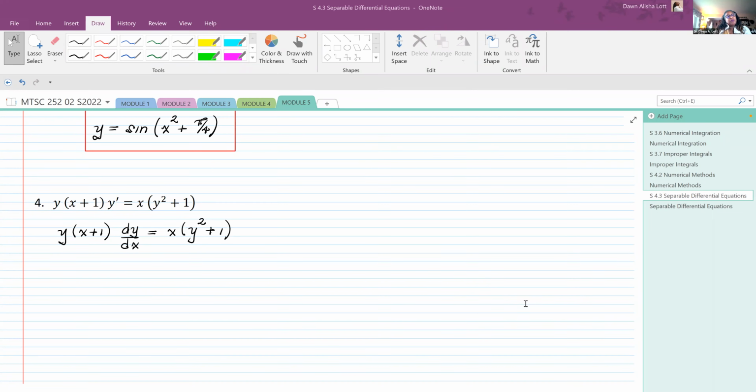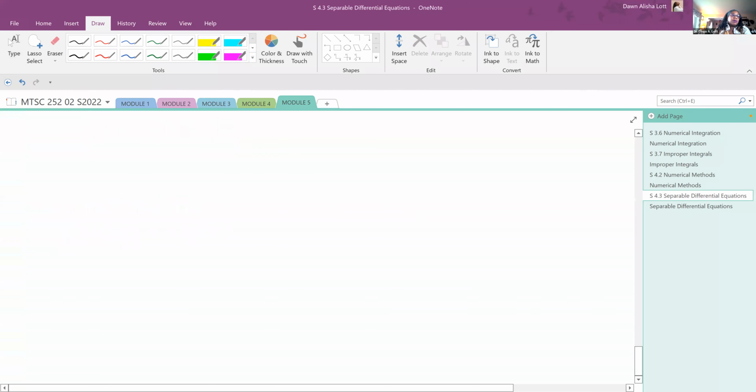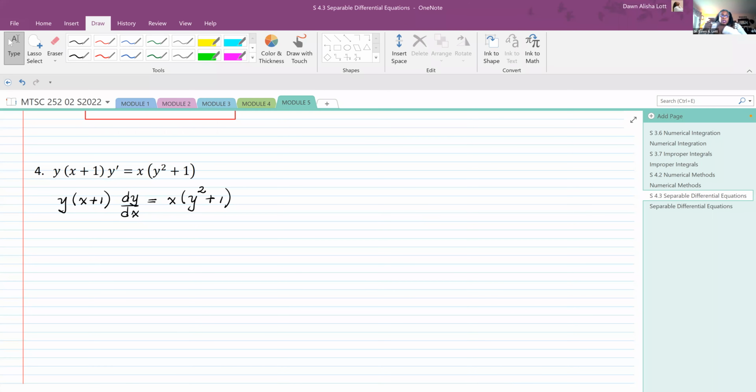Okay, I am back from taking the roll. Can somebody tell me what their equation looks like, putting all the y's on one side and all the x's on the other? Okay, guys, you had ample time to get this done. I didn't say solve the whole problem. I just said do the separation.